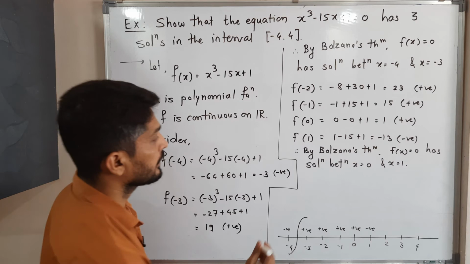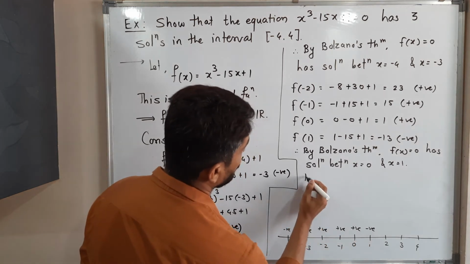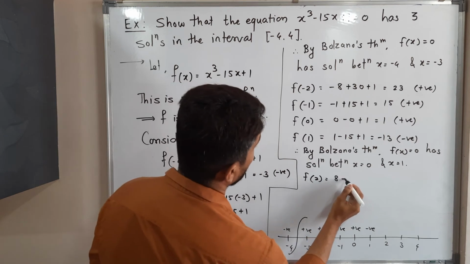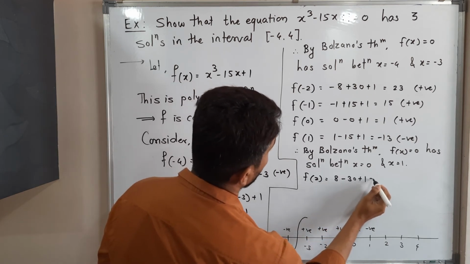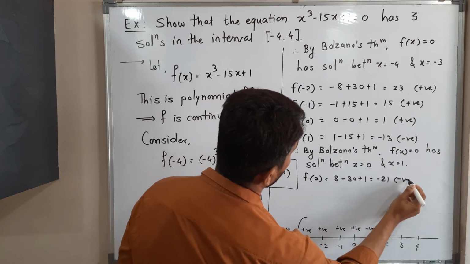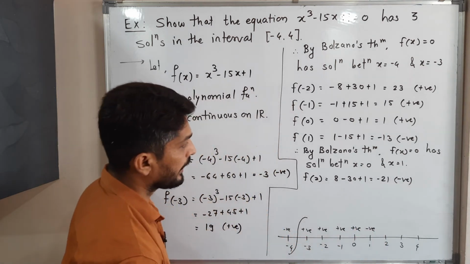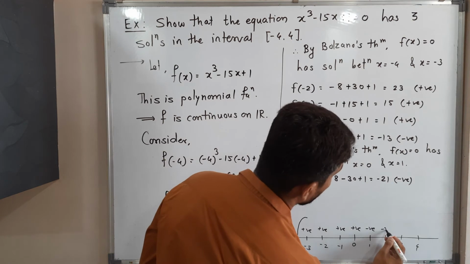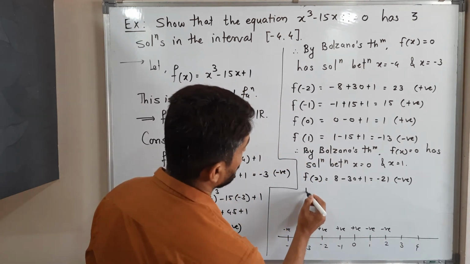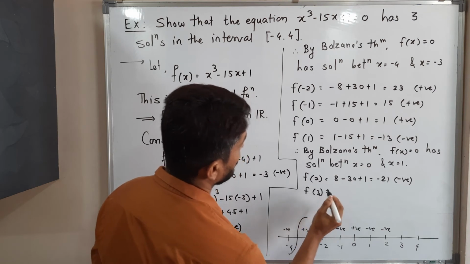Now let us go further. Find f of 2. F of 2, 2 cubed is 8, minus 30 plus 1, so it will be minus 21, negative. Okay, so at 2 we have a negative value. Let us do the same for f of 3.